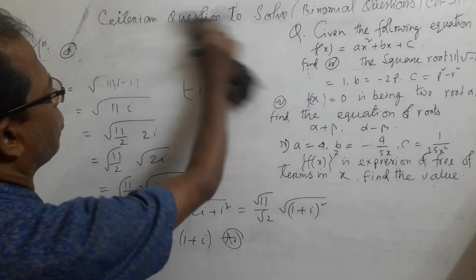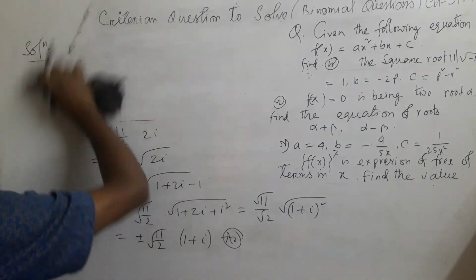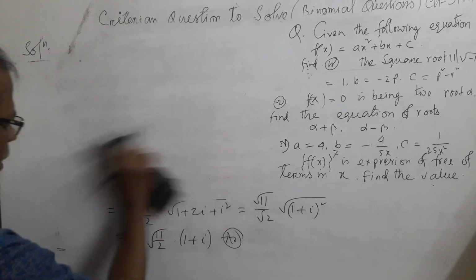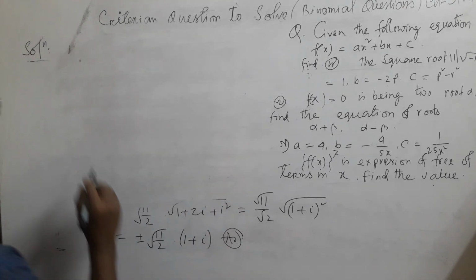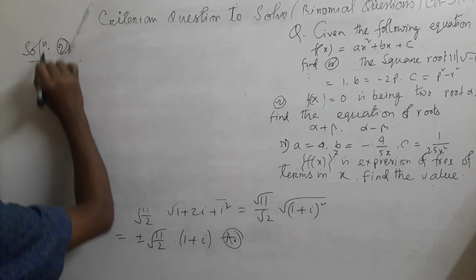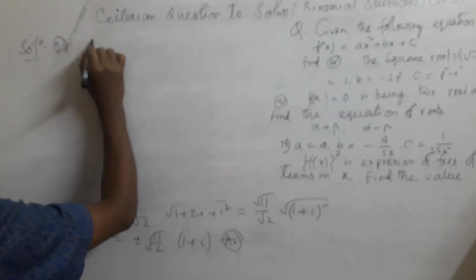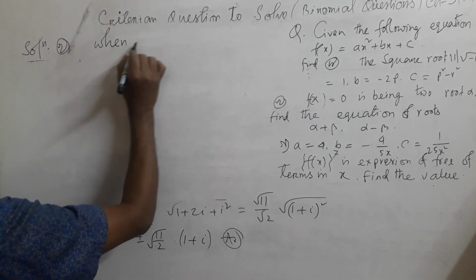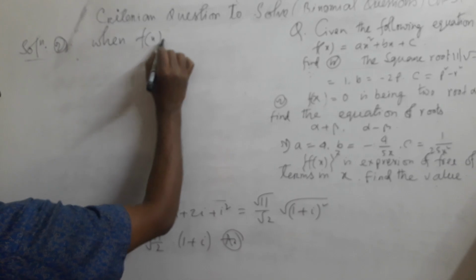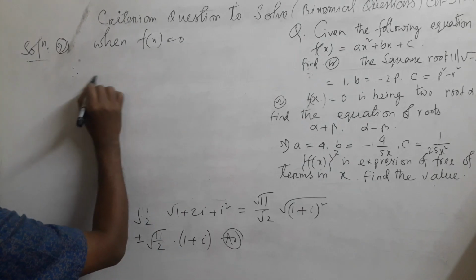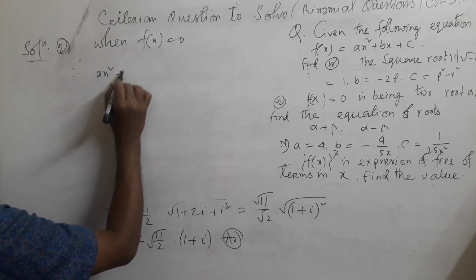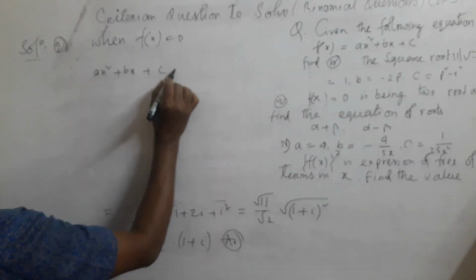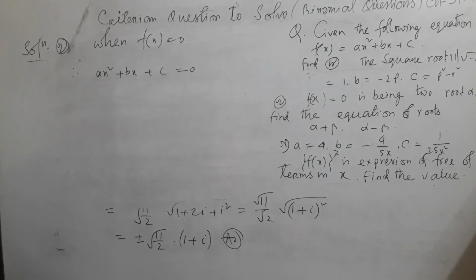Now the next one. When f of x equal 0, then x square plus bx plus c equal 0.